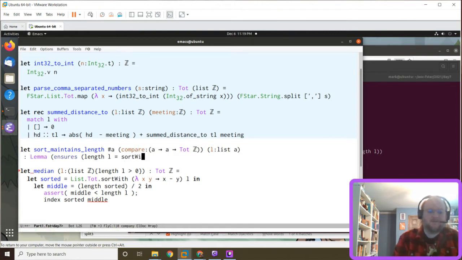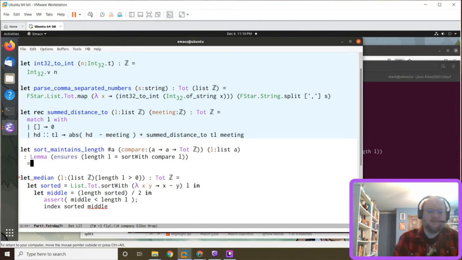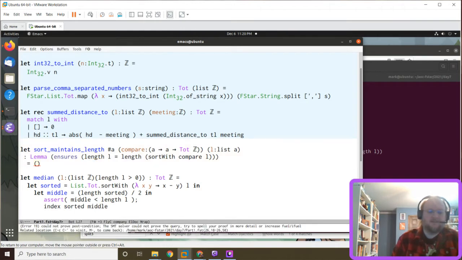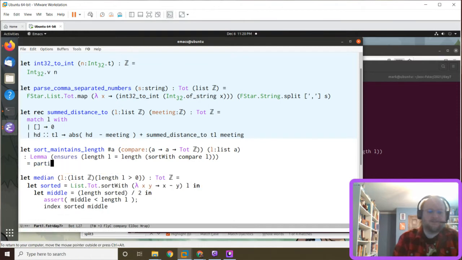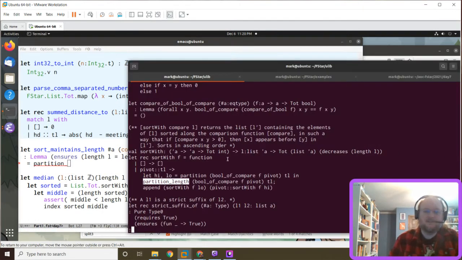Equals sort with pair L. All right, did we get length sort with compare L equals? Okay, so partition.